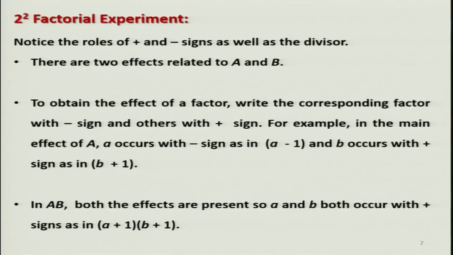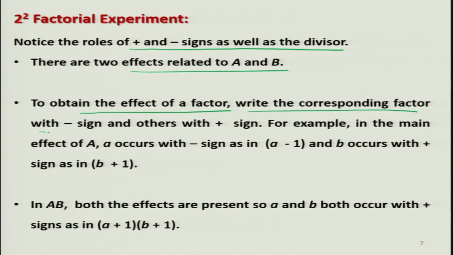Right? Okay, so let us begin further. Now you can see the roles of this plus and minus sign as well as the divisor. There are two effects related to capital A and capital B, that is factor A and factor B. To obtain the effect of a factor, write the corresponding factor with minus sign and others with positive sign.